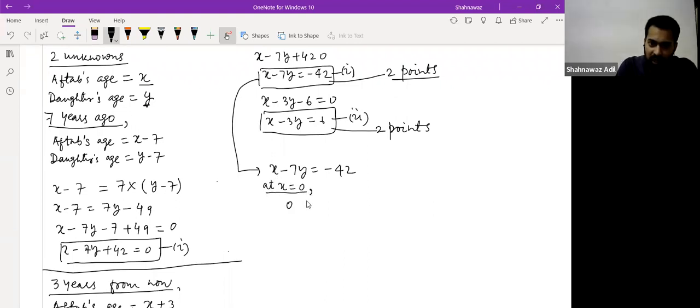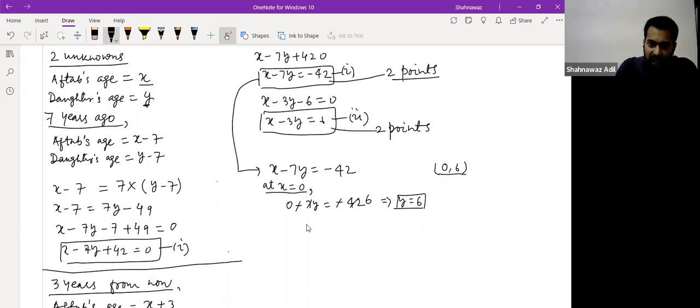So 0 minus 7y is equals to minus 42, right? So this cancels, 7 sixes are 42. So y is 6, right? So what will be the point? 0, 6. This is the point, right?